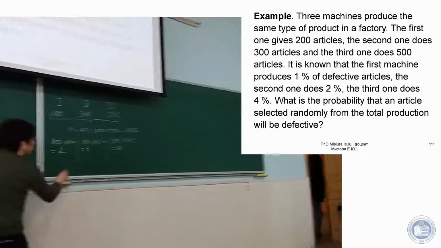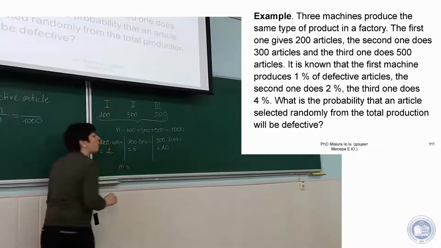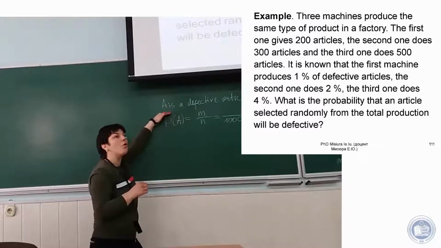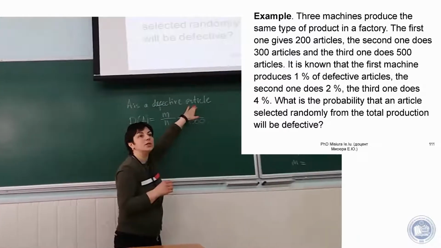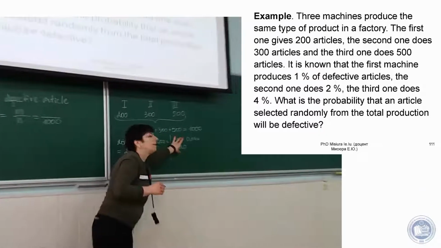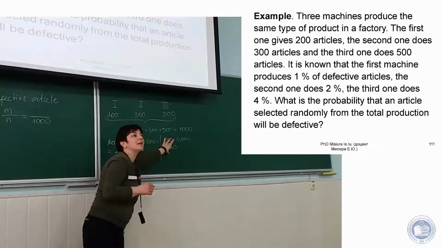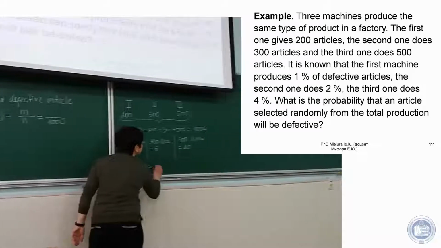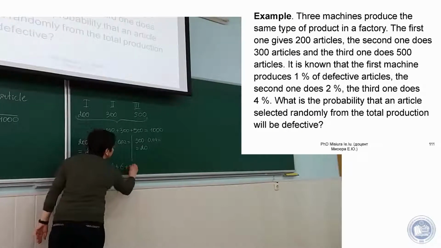In order to find the number of outcomes favorable for this event A, or defective article, you need to take the defective articles and add. You need to find the total number of defective articles. Let's start: 2 plus 6 plus 20.